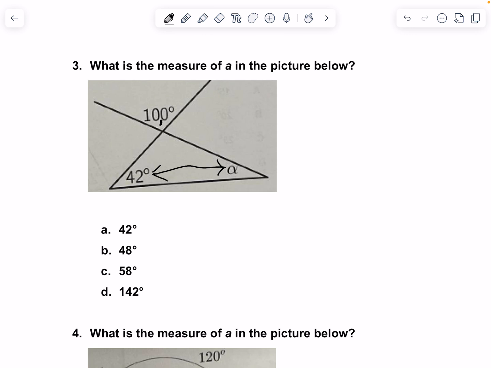So for example, 100 degrees is our exterior angle, and we do 42 degrees plus A, that would be our exterior angle. So it would be 42 plus A is equal to 100. We subtract 42, and that would give us A is equal to 58. So 58 degrees would be our answer here.